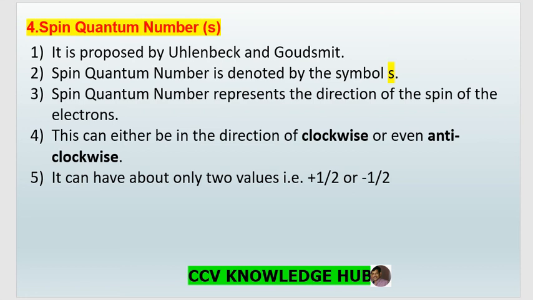Let's see the spin quantum number. Who proposed the spin quantum number? Uhlenbeck and Goudsmit. The spin quantum number is always denoted by small s. It represents the direction of the spin of the electrons. There are two types, clockwise or anti-clockwise. The values are +1/2 and -1/2.